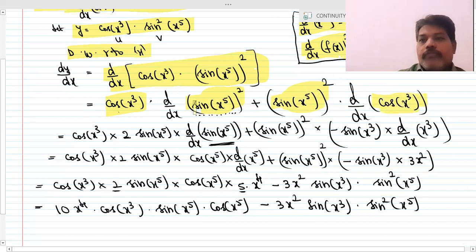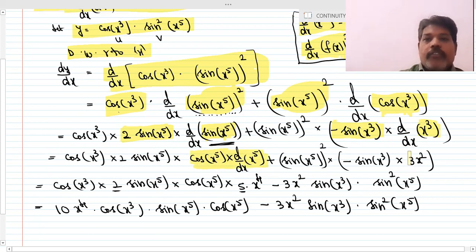The derivative of f of x whole square is 2f of x into the derivative of f of x, plus cos of x cube into the derivative of sin f of x, which is cos f of x into f dash of x, and the derivative of cos f of x is minus sin f of x into f dash of x.